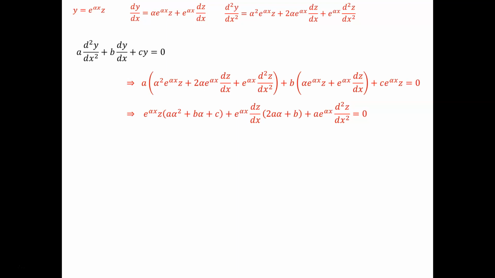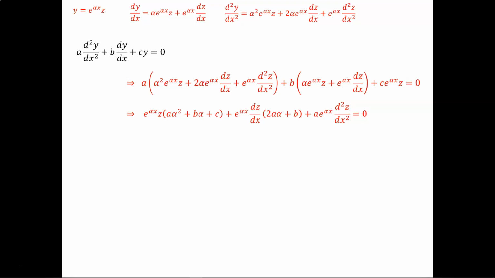Then collecting together the e to the alpha x times dz/dx terms, we get e to the alpha x dz/dx times 2a alpha from the first bracket and b from the second bracket. And then finally we've got a e to the alpha x times d2z/dx squared.